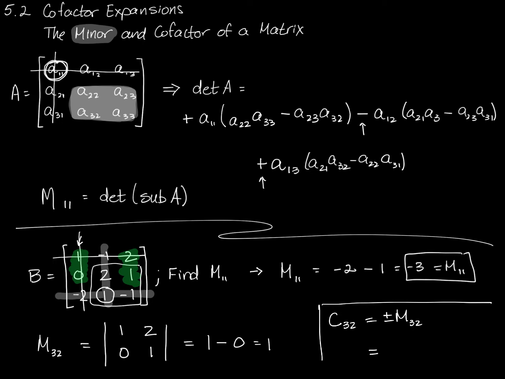The way you figure out whether it's positive or negative is that you multiply that minor value by negative 1 to a power. And the power that we're going to use is the sum of the values in the subscript here. This 3, 2, that's 3 plus 2. And the reason for that is that this is in row 3, column 2.